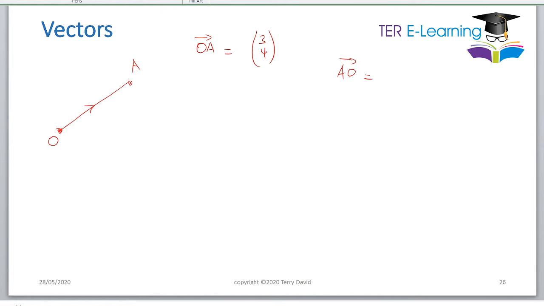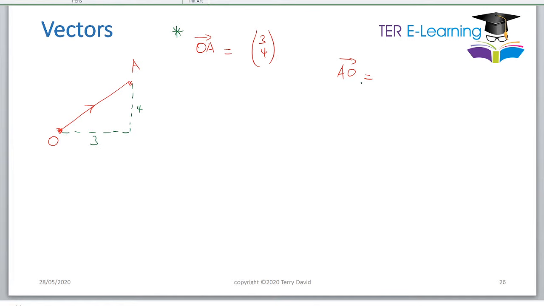Alright, so let's fix this one time. So look at something. If you want to go from O to A, what that means is that I would have had to go like this, across first, and then go up, right? So I would have gone 3 units across, and then 4 units up, right? That's why the vector is 3, 4.